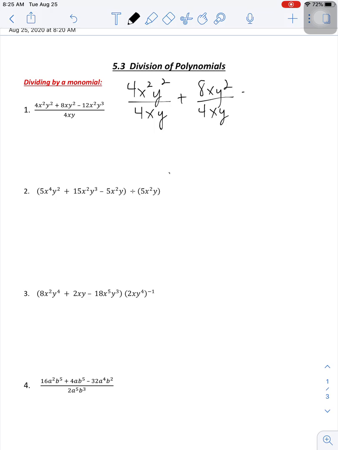And then you're going to have to simplify it. After I break this up, I can simplify it.